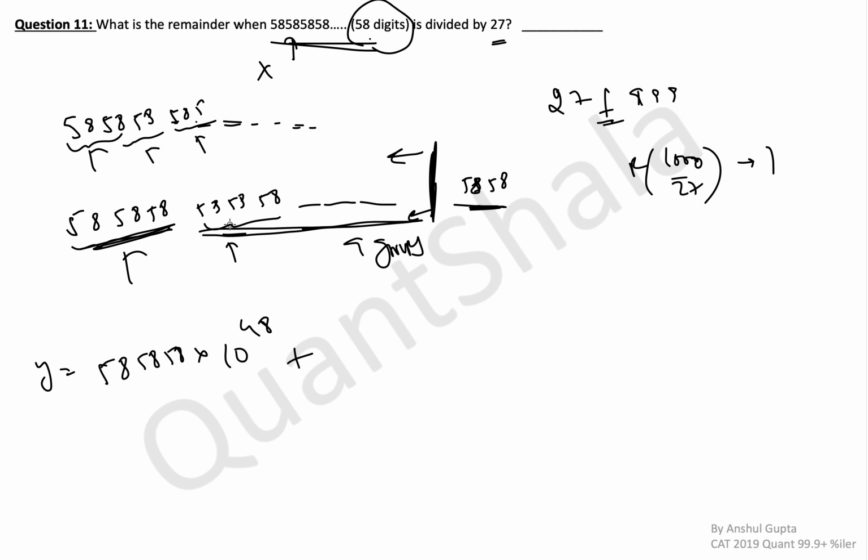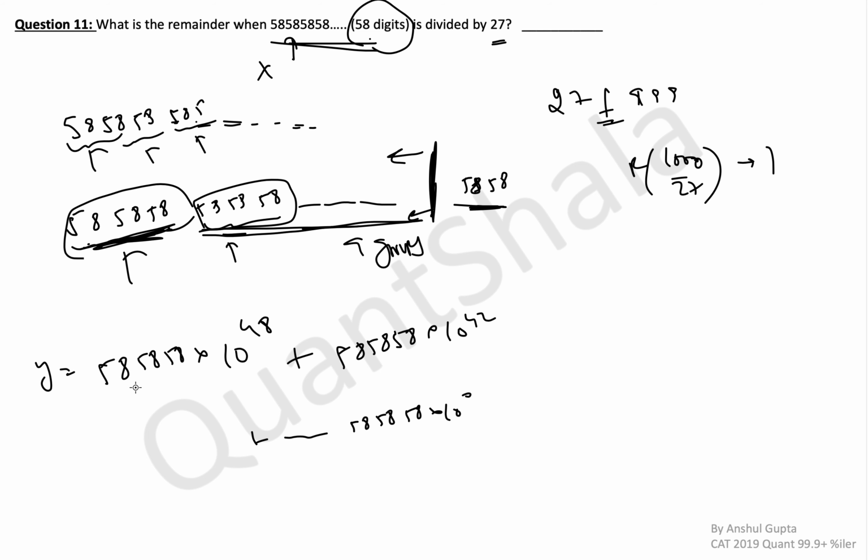What I'm asking you is to break this number into groups such that the first number will only contain this group and all other zeros. The second number will contain only this group and all other zeros. Okay. So now you get 585858 into 10 raised to power 42, and similarly you can keep getting this up to 585858 into 10 raised to power 0. Okay. So these are the 9 groups that we have got.